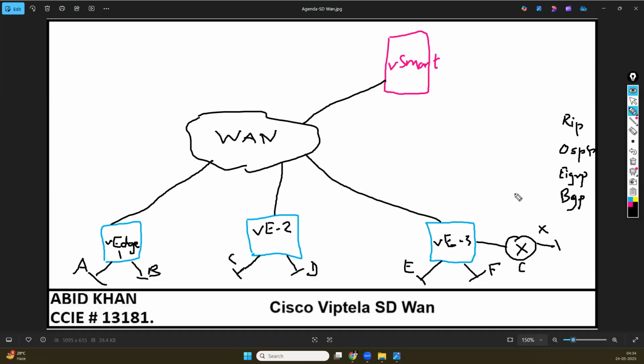Now, what about this? Originally, this Viptela SD-WAN is a product of another company. We all know that EIGRP is a proprietary routing protocol of Cisco, so originally this Viptela SD-WAN solution did not support EIGRP.